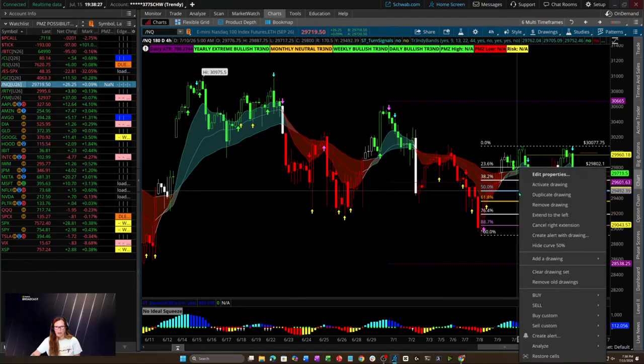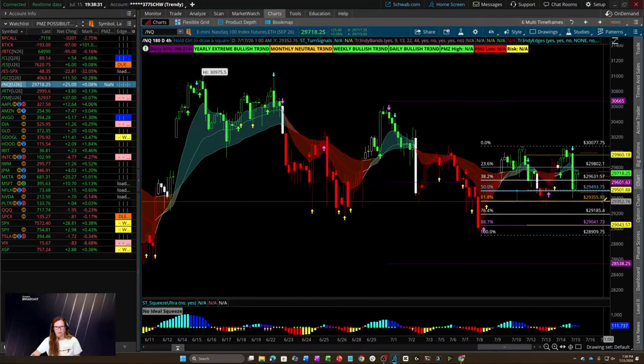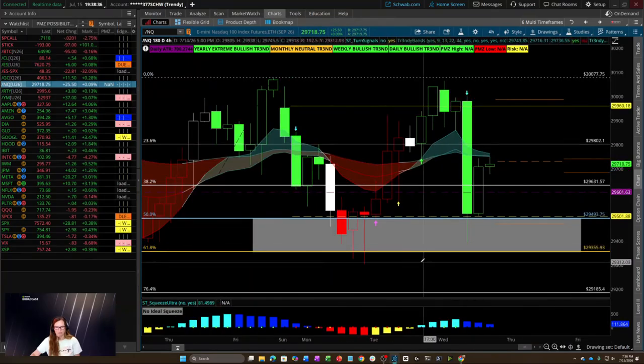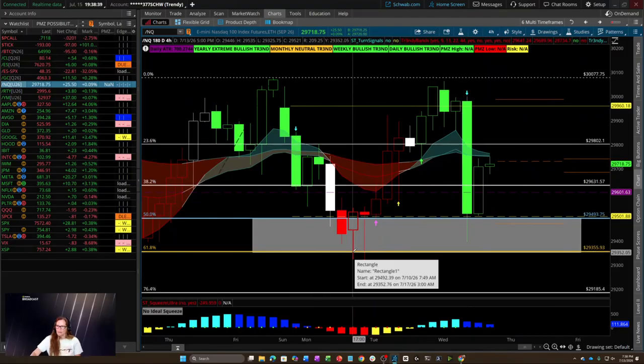Now, on this pullback on the NASDAQ, if I'm trading this zone, I'm going to ask you a question.